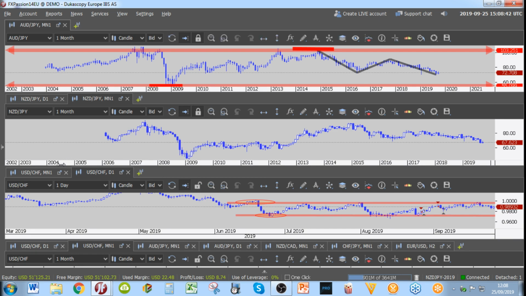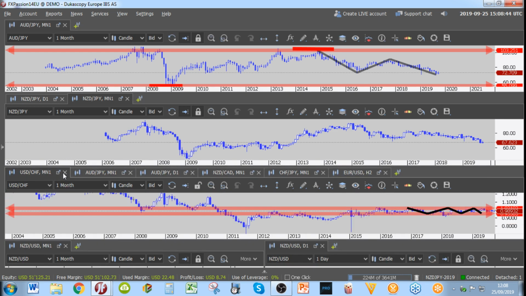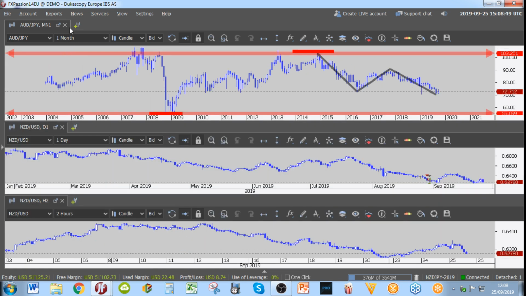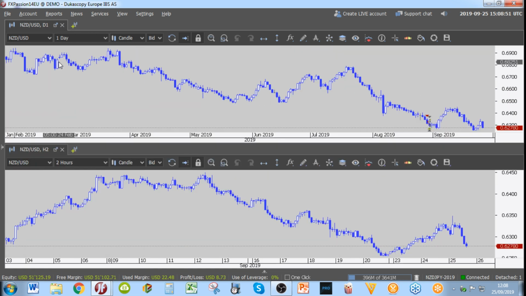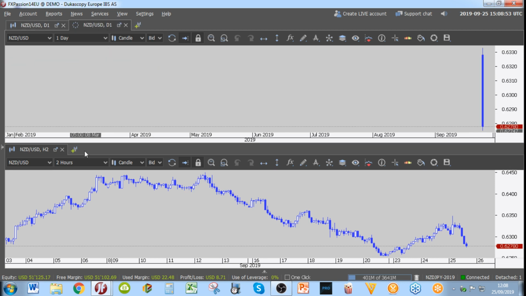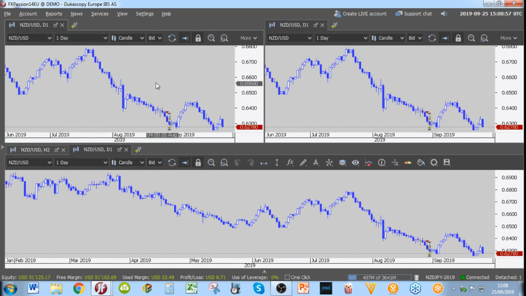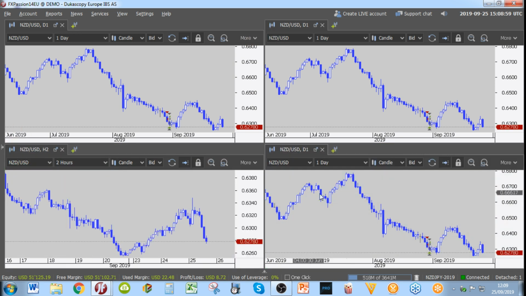Too many charts on the screen. We're going to delete all the charts. NZDUSD daily chart, 2-hour chart. So one more and one more in here. And there you go.